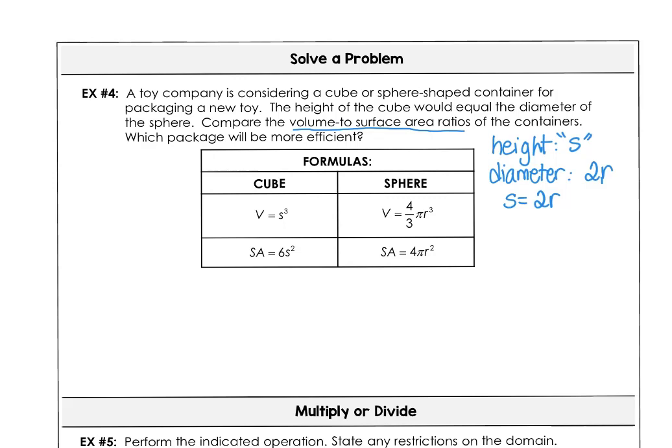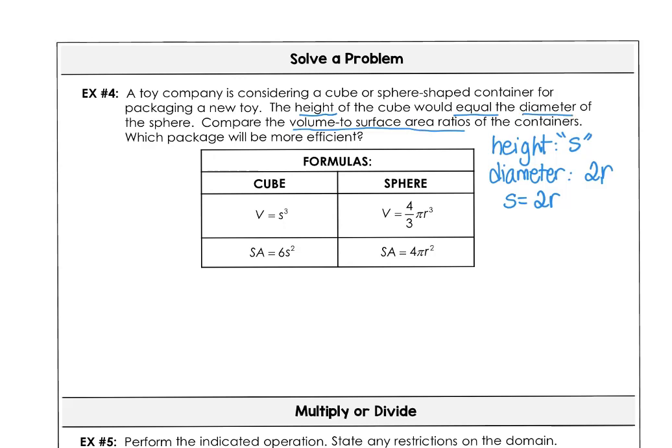So if the height is s on the cube and the diameter of the sphere is 2 times the radius, then s would have to be equal to 2r. So the height equals the diameter. That's what they're telling us here.